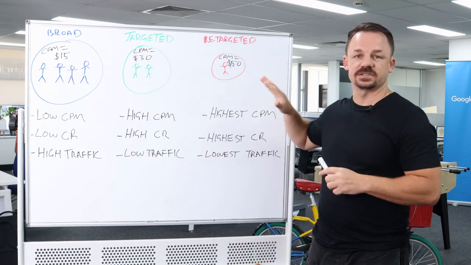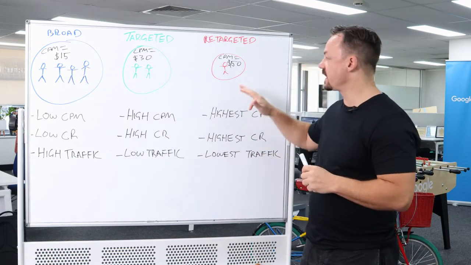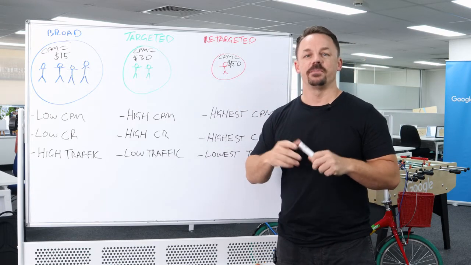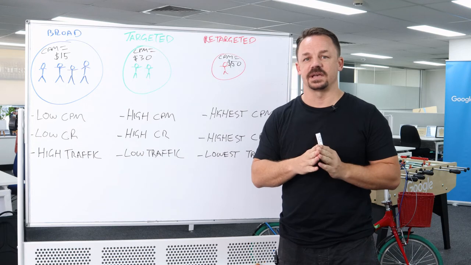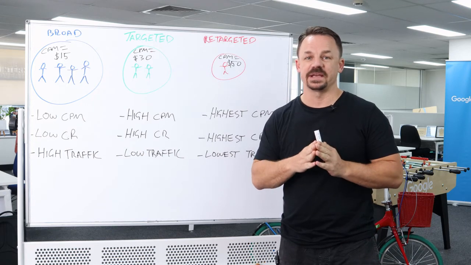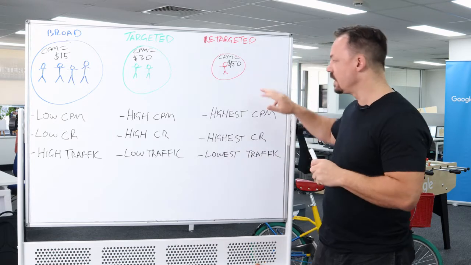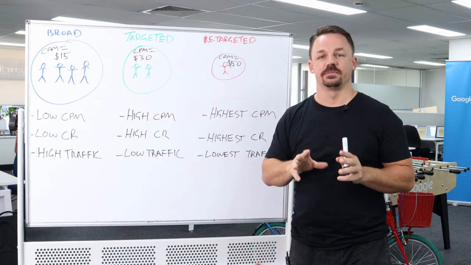So retargeting is extremely powerful, and despite the fact that you do have to pay a much higher cost per 1,000 impressions, because this is the smallest audience that you can target, it's only going to be potentially 1,000, 5,000 or 10,000 people, but they are the most qualified people.